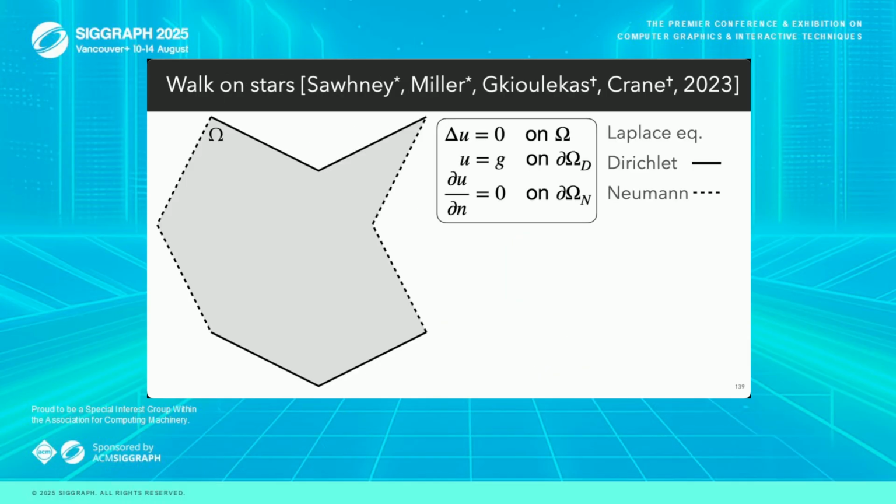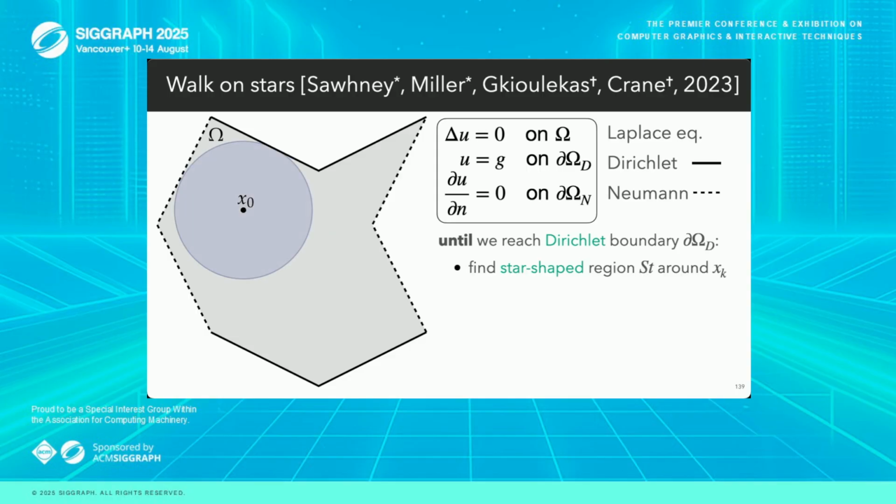So altogether, this gives us the ingredients for the walk-on-stars algorithm for mixed Dirichlet and Neumann boundary conditions. And conceptually, this is very similar to walk-on-spheres. So we start at a point x, and we compute the largest star-shaped region, which could either be a ball if the closest point is coming from the Dirichlet boundary, or it'll be a star-shaped region at this point x1.